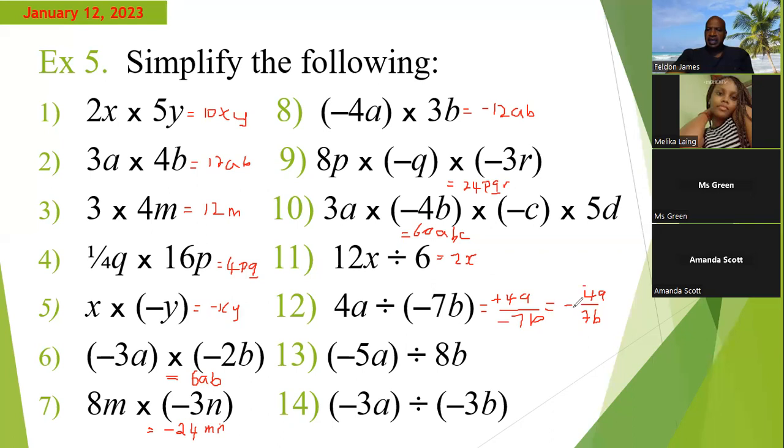To indicate that, the negative sign is in front of the division bar. Remember, the division bar is this line here. And to show that the entire fraction is negative, you put it in front of that bar. You follow what I'm saying, Miss Green? Yes, sir. All right, so that's why we have it like this.